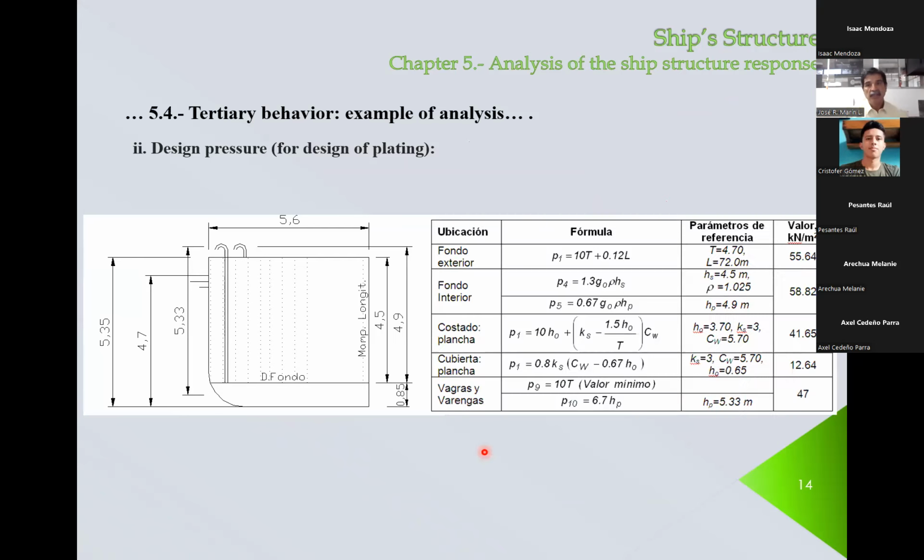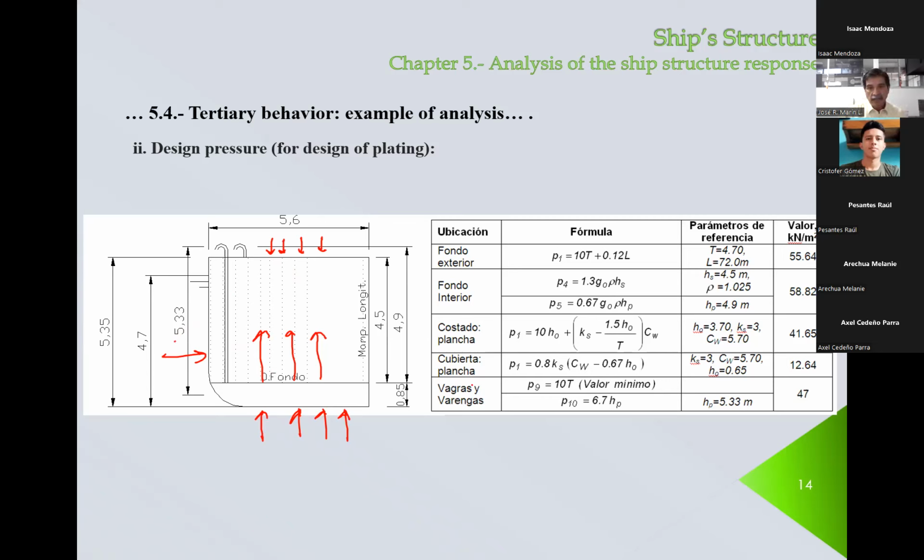This is a summary of the estimation of the pressure in each part of the section. Here, some pressure. Here, we have a lot of pressure. Here, we also have a lot of pressure. Here, we have also some pressure. So we need to calculate all of these in order to calculate the thickness.